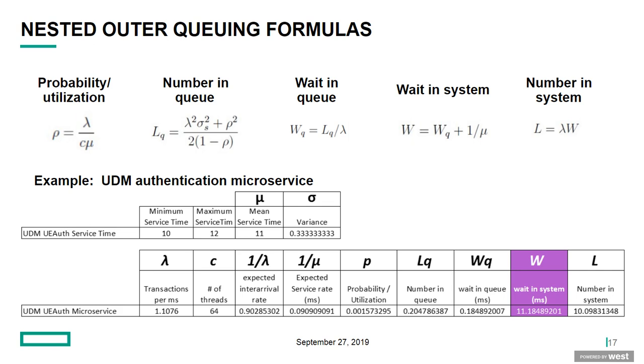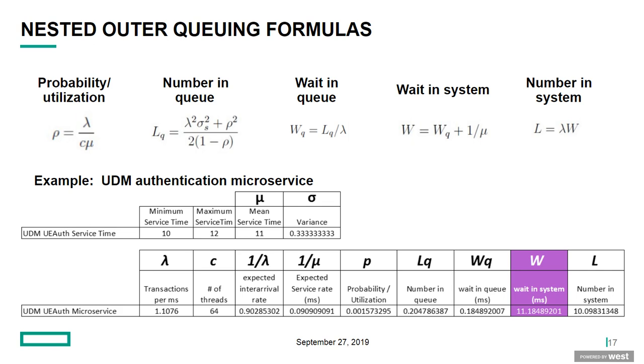Again, as you can see here in this example, that probability is less than 1 and greater than 0. So this is in a steady state, which means we won't run over the queue. But in the event your probability is greater than 1, then you need to increase the number of threads in order to get your probability below the value of 1.